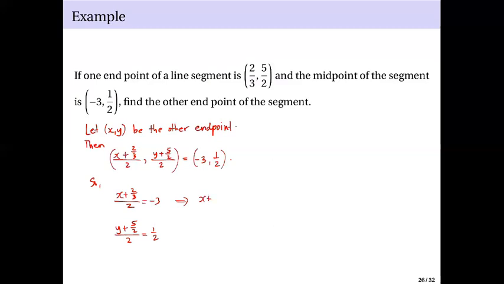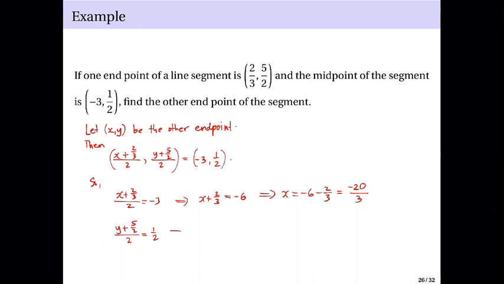We have x plus 2/3 must be equal to -6. Or we have x equals -6 minus 2/3. So if you simplify this, you should get -20/3. Okay?